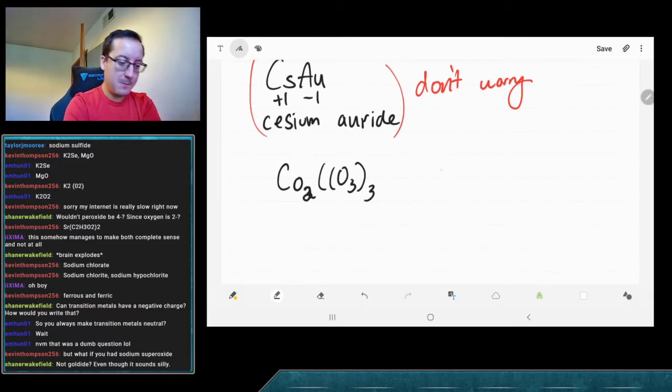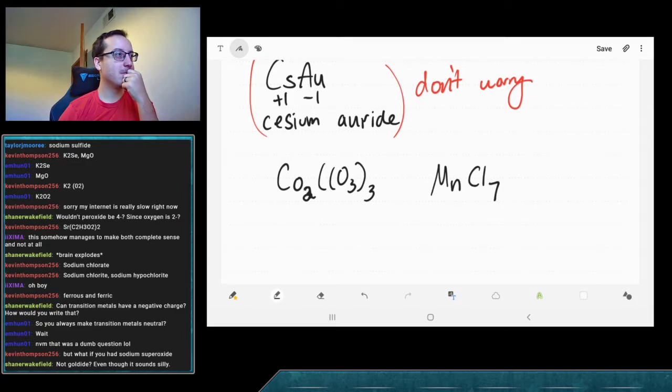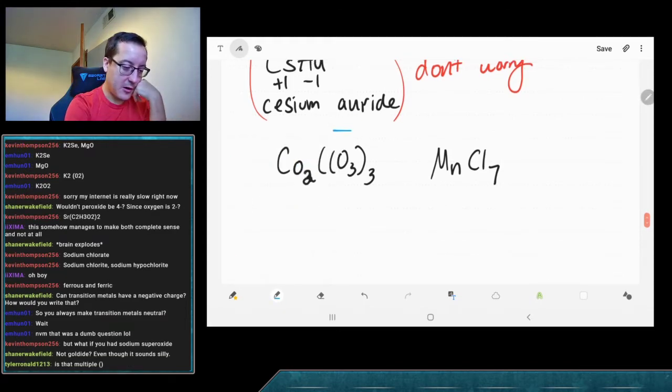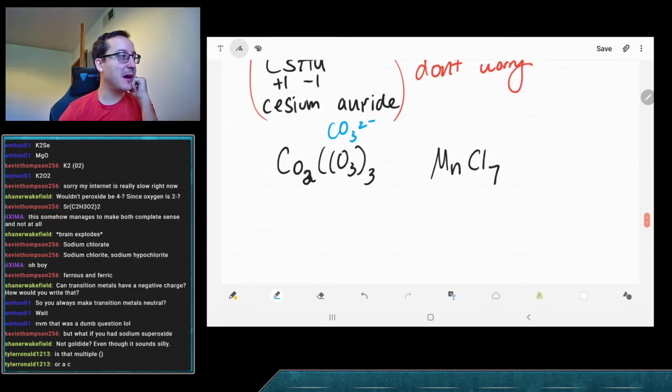And how about... okay, so typically the anions, you are going to know their charge, right, for all of these. So we know that carbonate is CO3 2-.